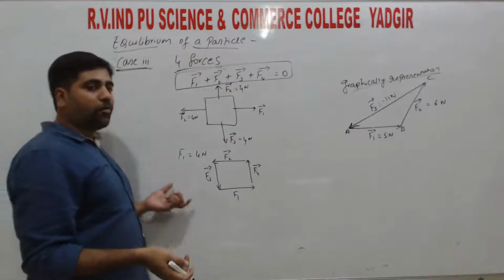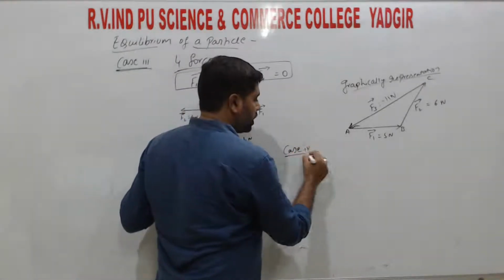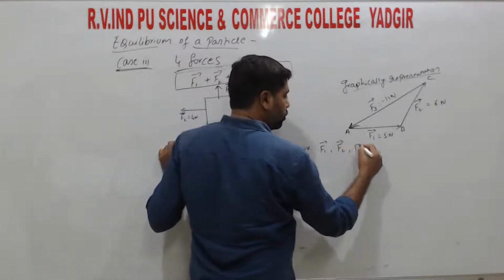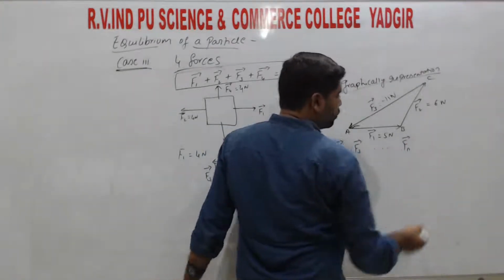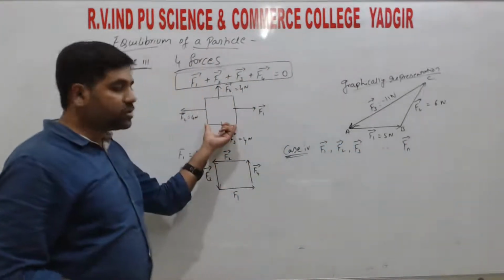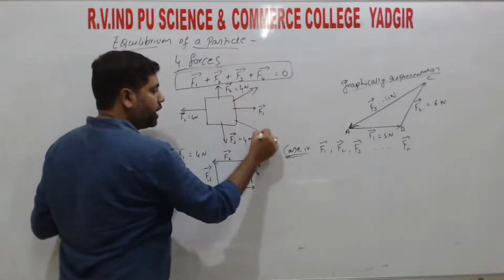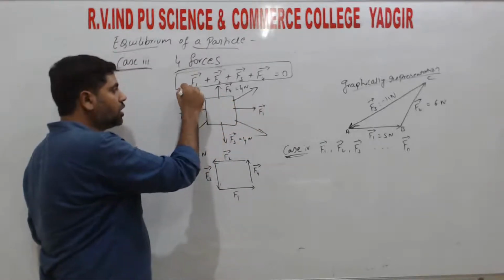So if many forces are acting, right? Case 4, that means F1, F2, F3 and so on up to n number of forces which are acting on this object. So on some object, forces from many sides, right? They are holding from this side and from that side. That means pulling this object in all directions.